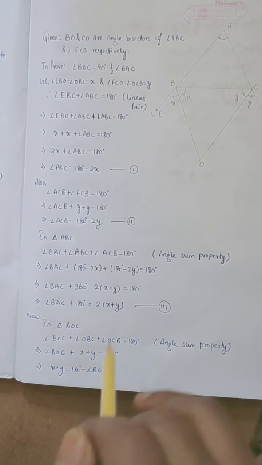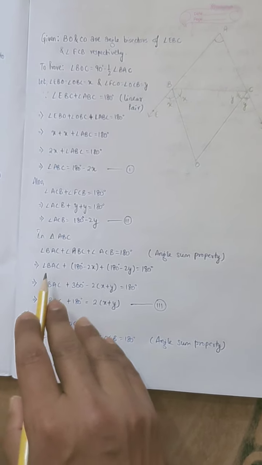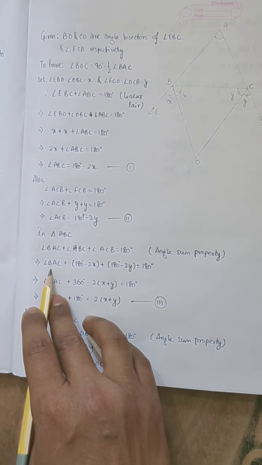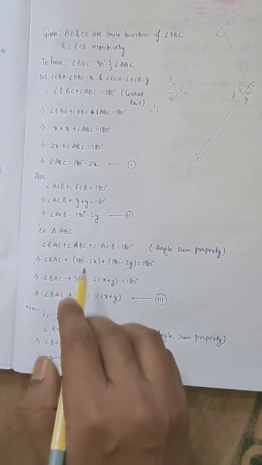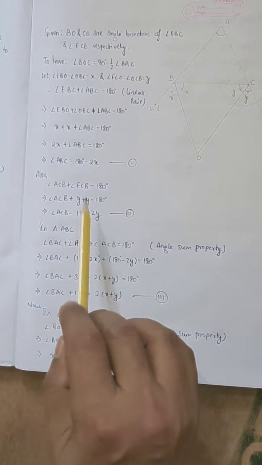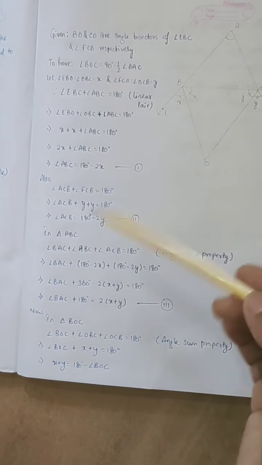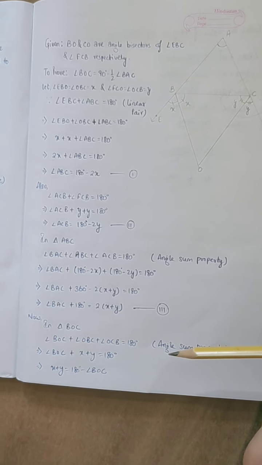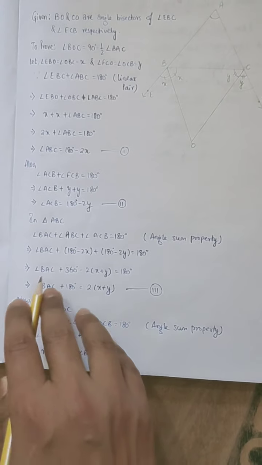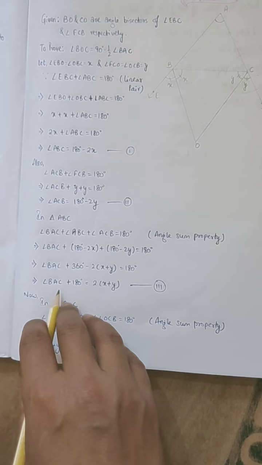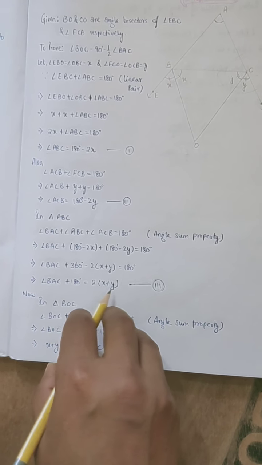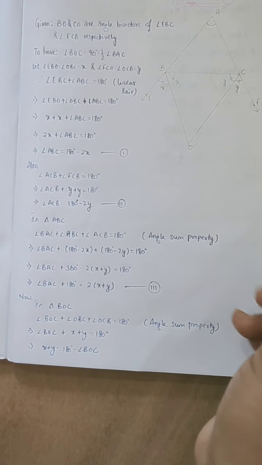Angle BAC we can write as it is. In place of ABC and ACB we can write 180 minus 2x and 180 minus 2y because we have got the values. On solving this we get angle BAC plus 180 is equal to 2 times x plus y, and put this as equation 3.